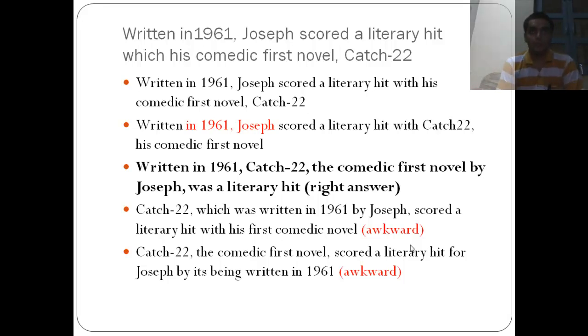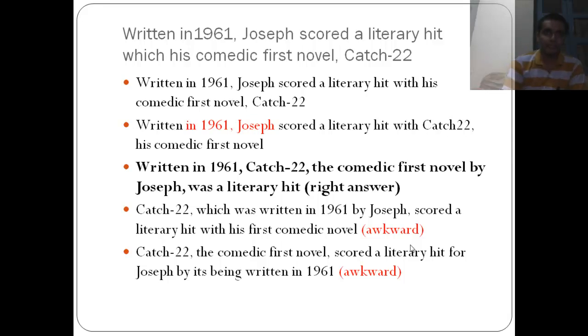So the first two options here, A and B, are out because Joseph was not written in 1961. D and E say that Catch-22, which was written in 1961 by Joseph, scored a literary hit with his first comedic novel. So it's weird how they are taking the sentence. Catch-22, the first comedic novel, scored a literary hit for Joseph.